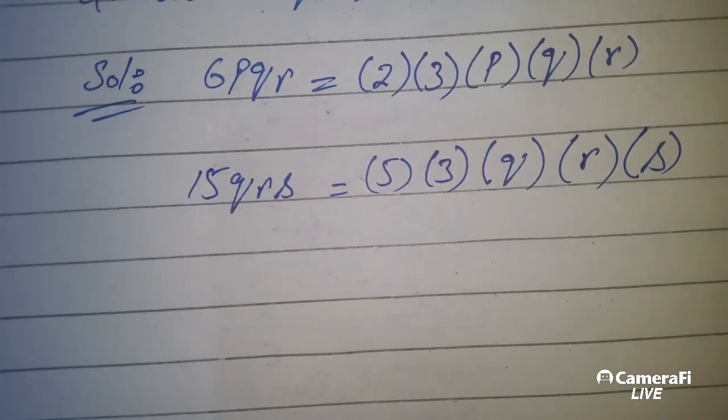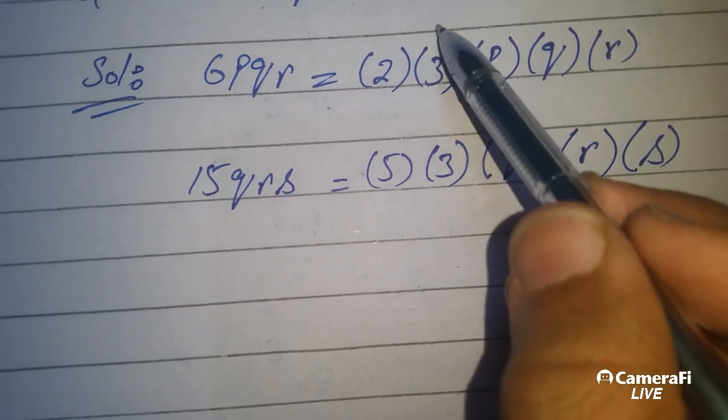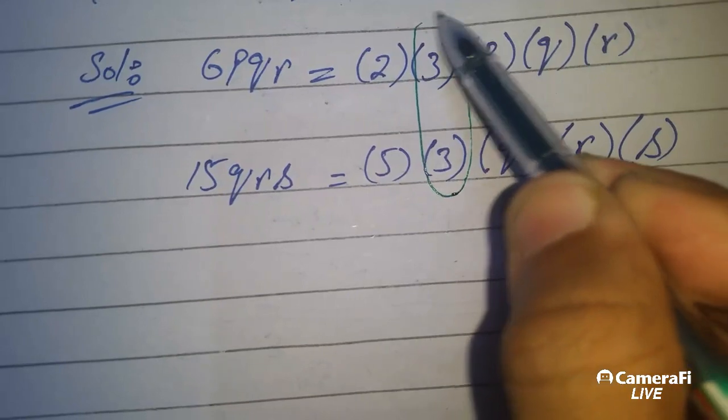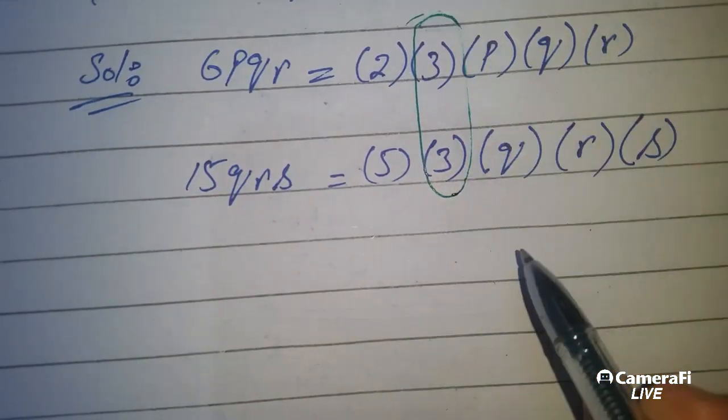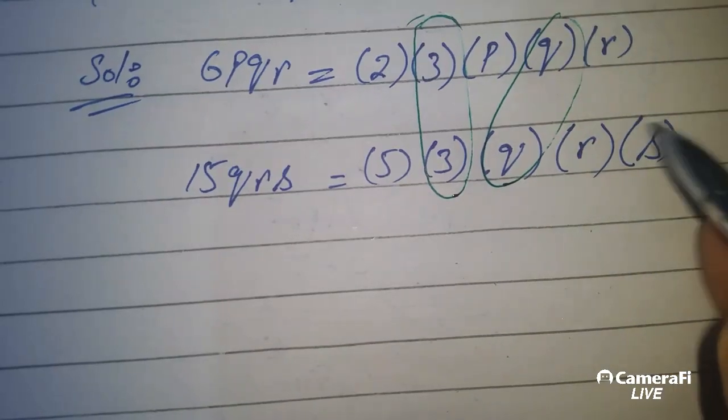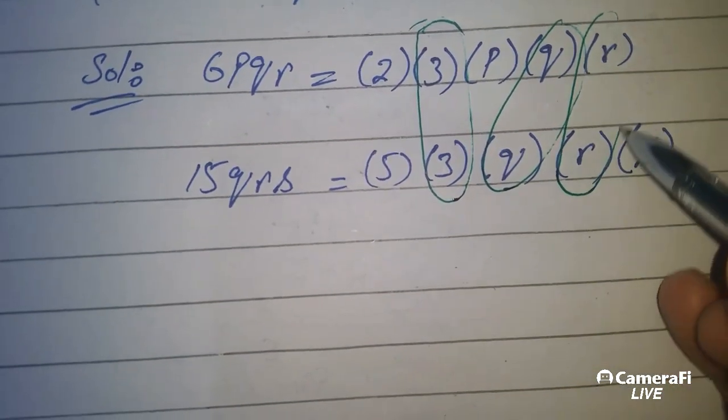So we want to just take the common factors. I shall take 3 as a common factor. Then I can take Q as a common factor. Then I can take R as a common factor.